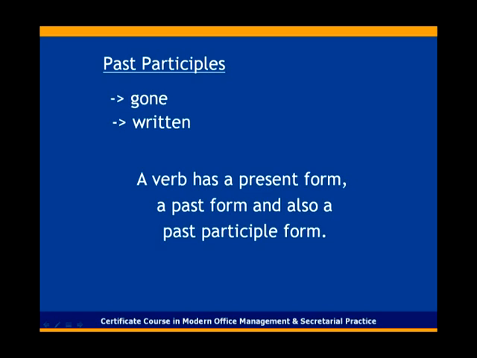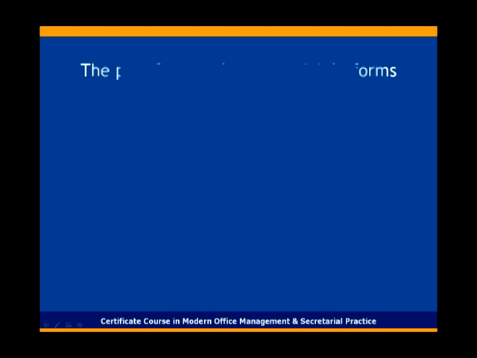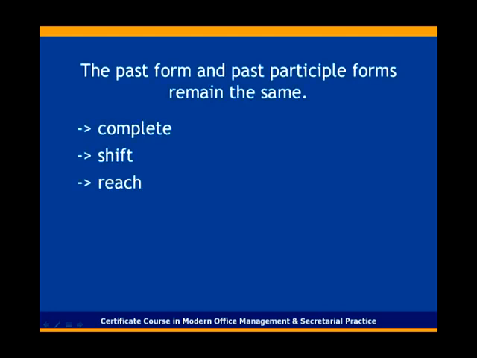It is therefore necessary to learn all the three forms of the verb. Verbs like complete, shift, and reach are examples of those whose past form and past participle forms remain the same.